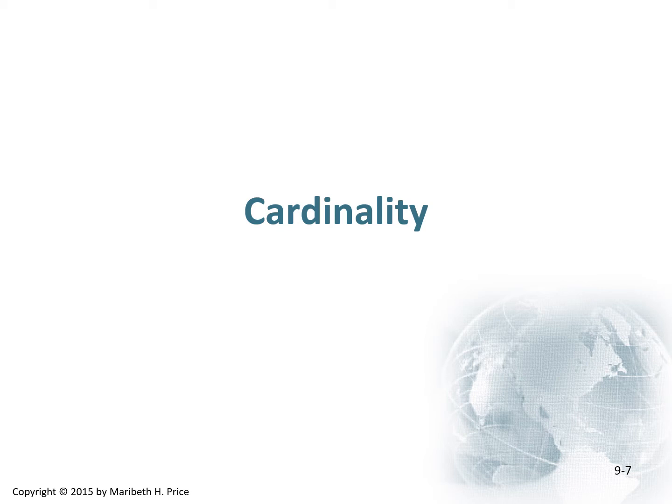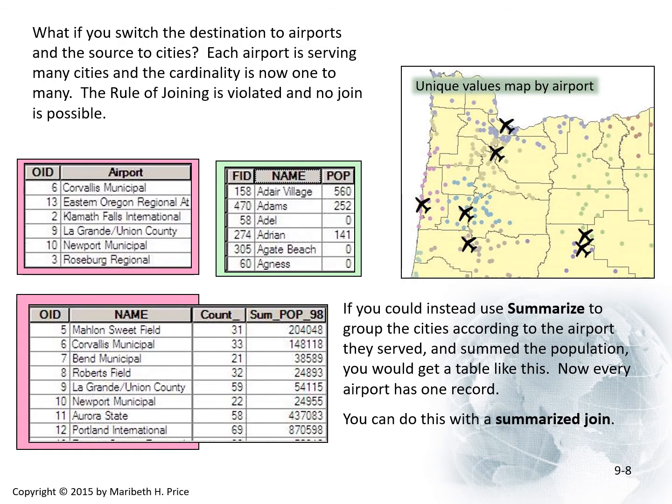Cardinality has to do with what and how you're joining things. Specifically, when we talk about cardinality, we're talking about whether we're joining one thing to one thing, or many things to one thing, or one thing to many things, or many things to many things. Now, that's a little bit hard to wrap your head around to start with, so let's walk through it a bit, and hopefully it'll make more sense.